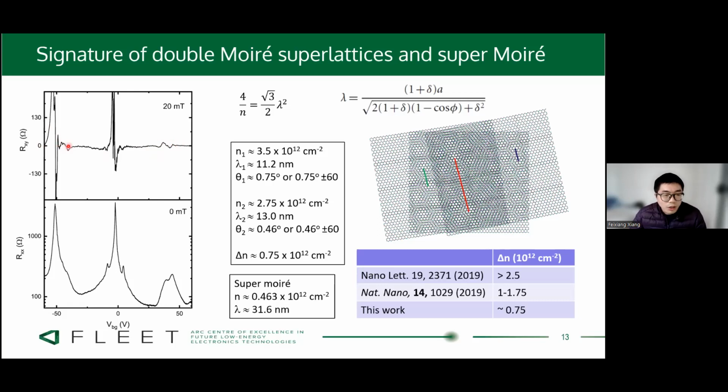So then we estimate, because we know the gate capacitance, then we know the carrier density where we fill the band of the mini band.